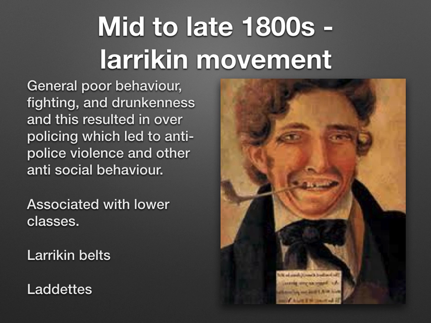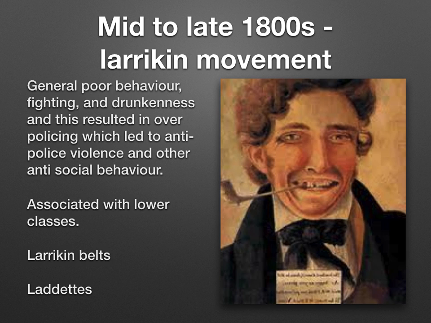All through this time, you had the larrikin movement, and this was general poor behaviour. So when we think about a larrikin today, we think about a nice, funny kind of person who's just a bit of a larrikin, messes around, that sort of thing. This is a different meaning of the word larrikin. These people generally had poor behaviour, fighting, often drunk. They were subject to over-policing.